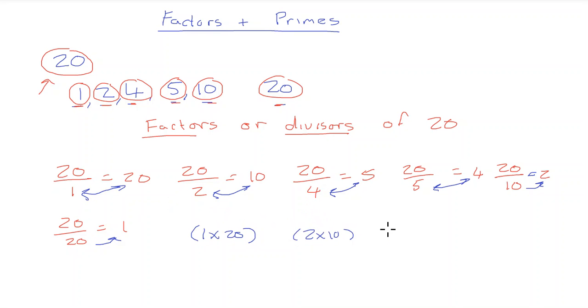You have 4 multiplied by 5. You have 5 multiplied by 4, and you have 10 multiplied by 2, and then you have 20 multiplied by 1. So these here are what are known as pairs of factors.